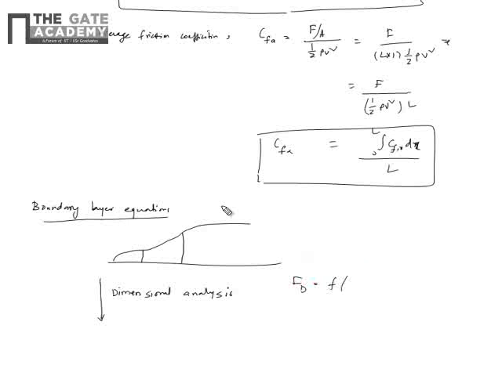let's say the drag force will depend on the surface geometry, the surface roughness, the upstream velocity, all that. So the most important things are the surface geometry and profile, the surface roughness, and the upstream velocity.